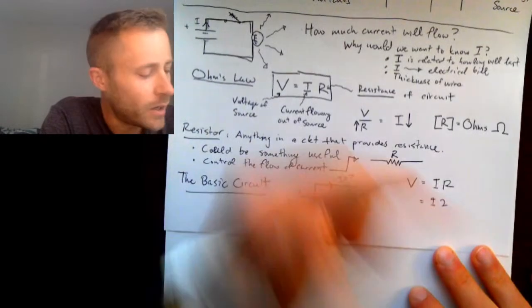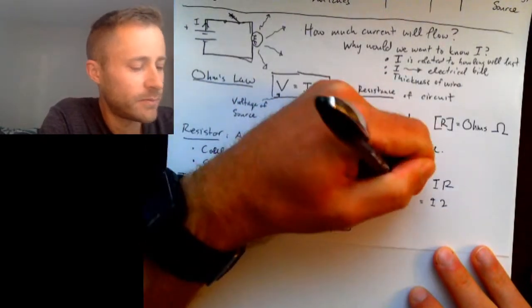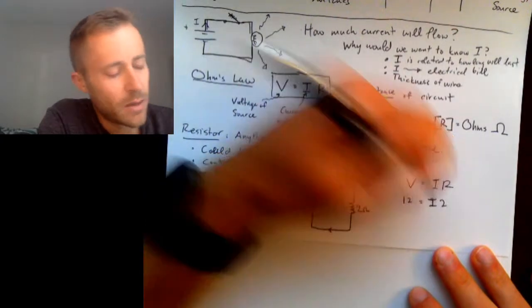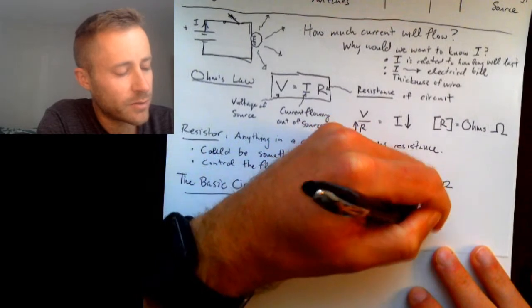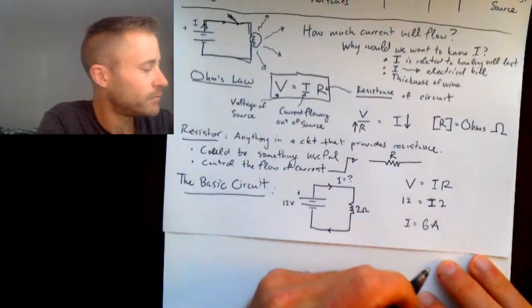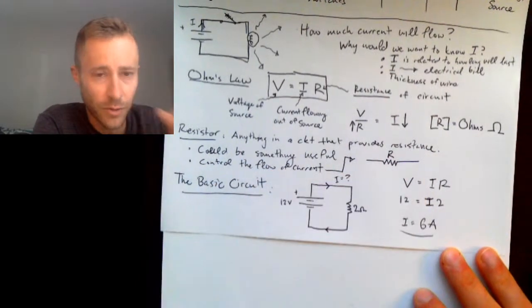And then the voltage of the battery is 12. Dividing both sides by 2, I get that the current that's going to flow is 6 amps. All right, so very simple.